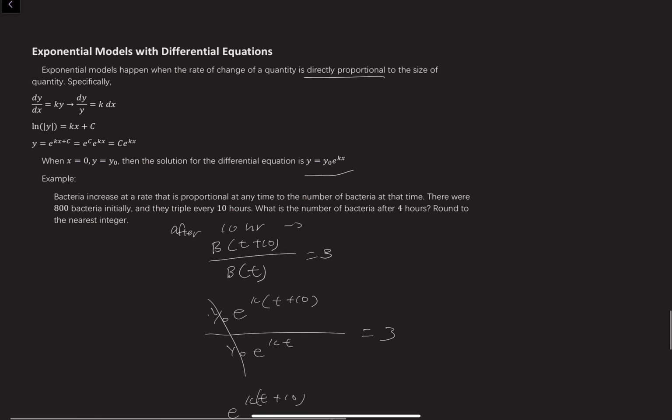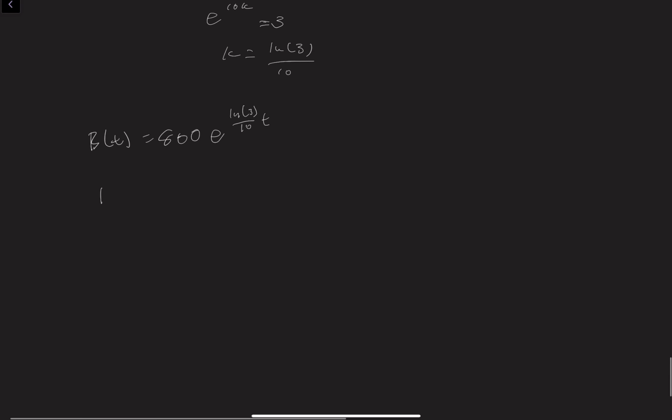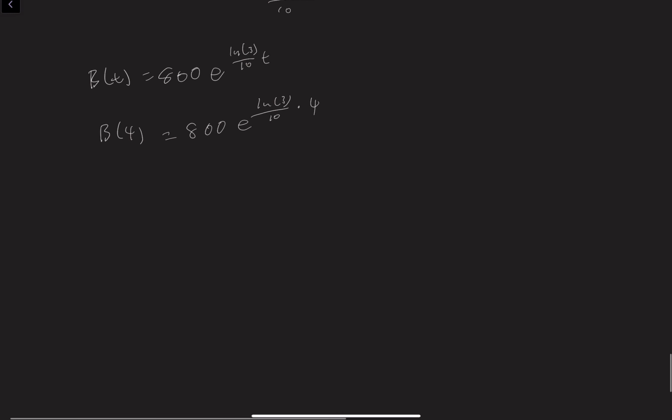And now the question is asking for the number after 4 hours. Now we can substitute b of 4: 800 e to the natural log of 3 divided by 10 times 4. And using a calculator, you can round it to the nearest integer, 1241 bacteria. Make sure to include the units.